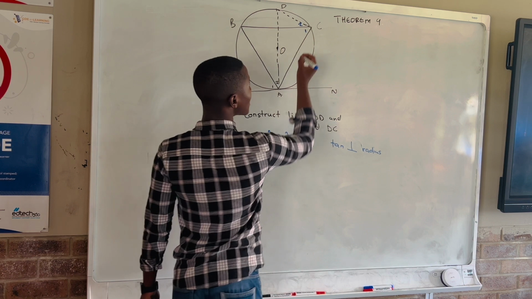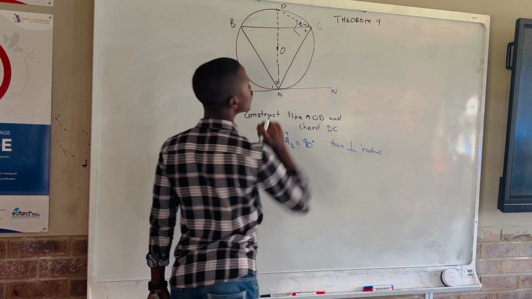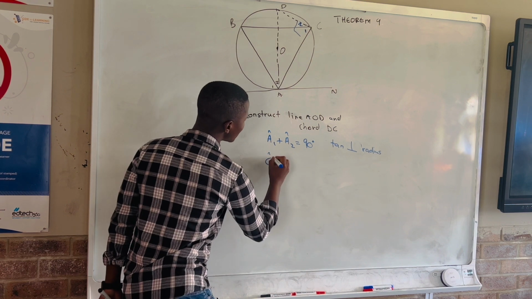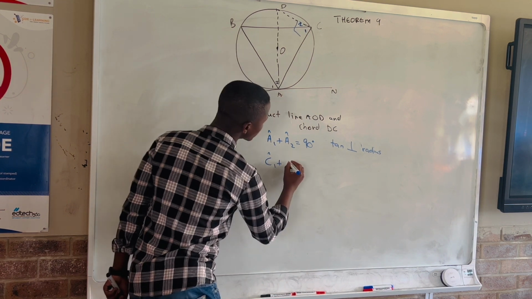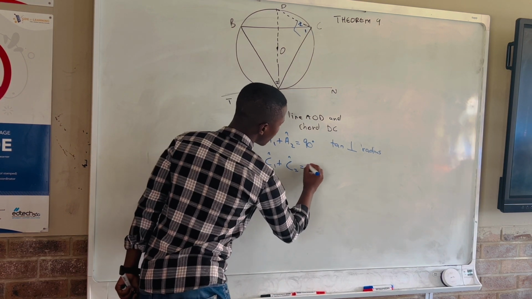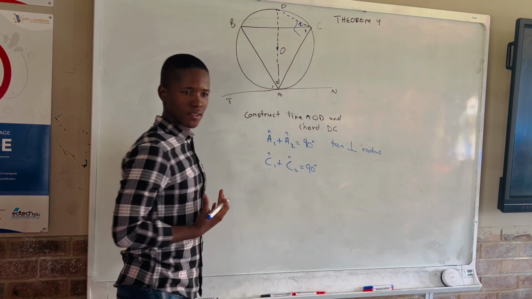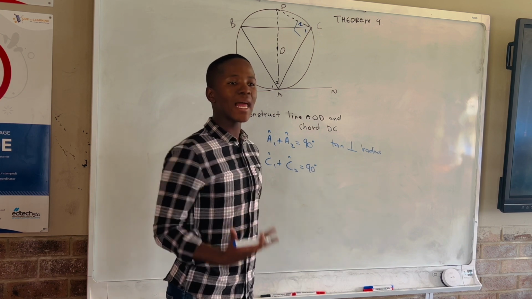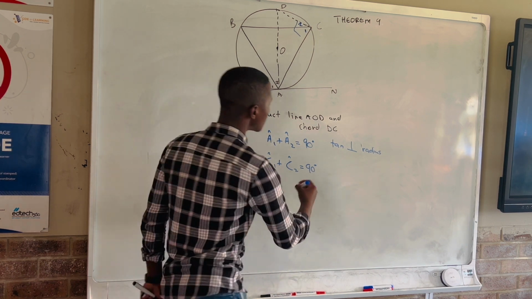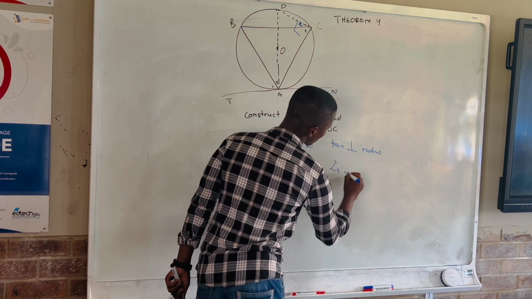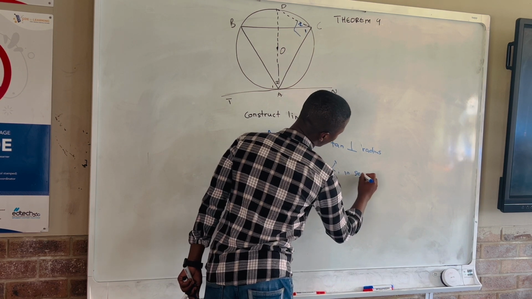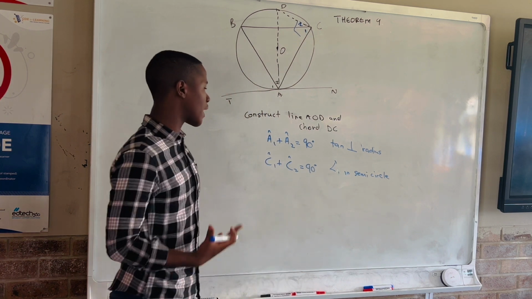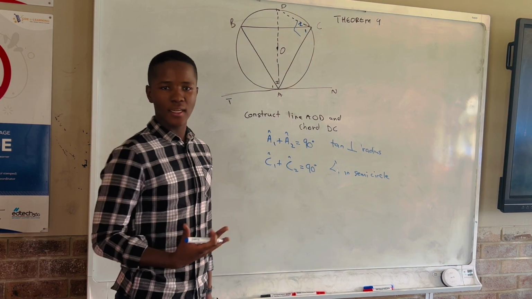So this angle is also going to form a 90 degree angle. So your angle C1 plus your angle C2 is therefore going to give you 90 degrees. The reason behind that is an angle in a semicircle, right? This is your angle in a semicircle, equal to 90 degrees.